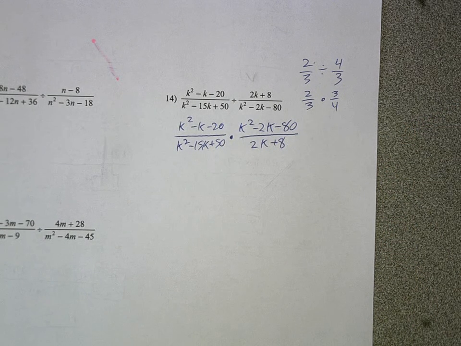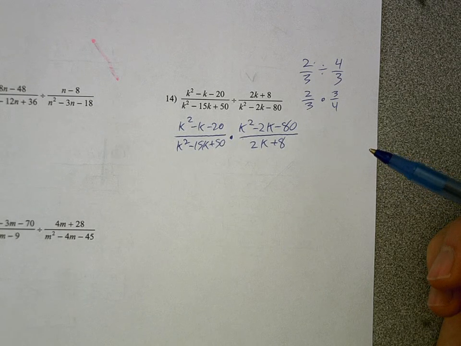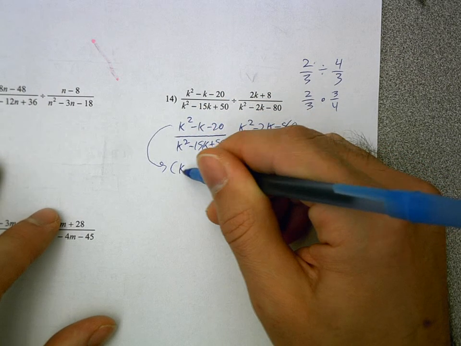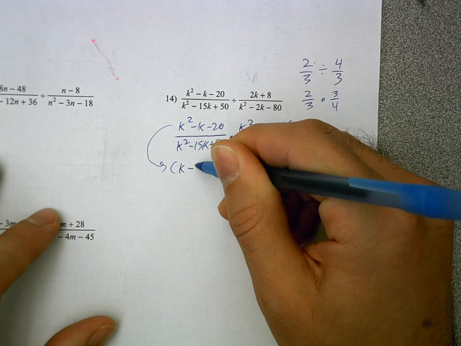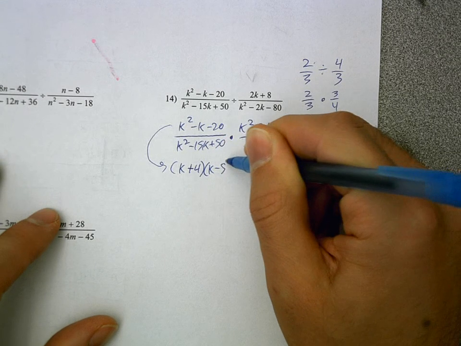Amato, what do you think? Can I do 4 and 5? Can I add or subtract those to get negative 1? How would I do that? Is it 4 minus 5, 4 plus 5, 5 minus 4? What's going to get me negative 1? 4 minus 5. So I'm going to factor this one into k plus 4 and k minus 5.